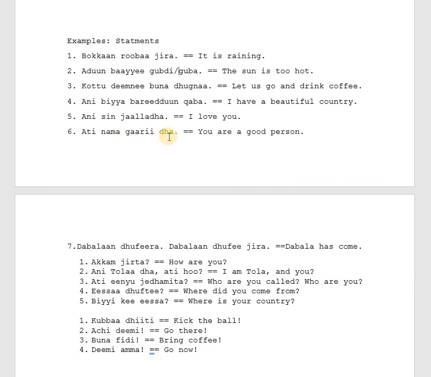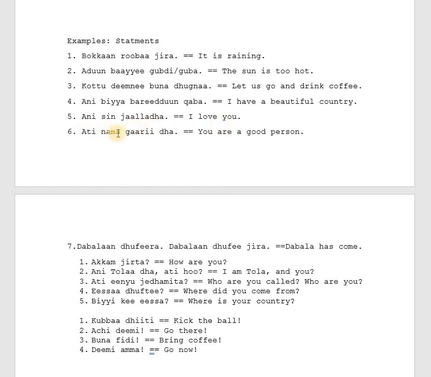Ati nama gaariidha. Ati, you, nama, a person, gaarii, good. Da is an affirmative statement, a word like you are or you is, for some of the singular expressions.